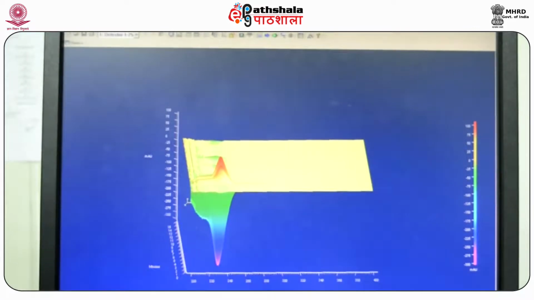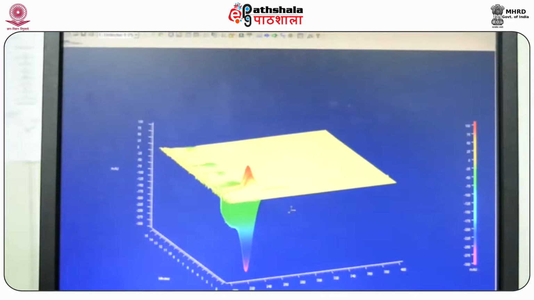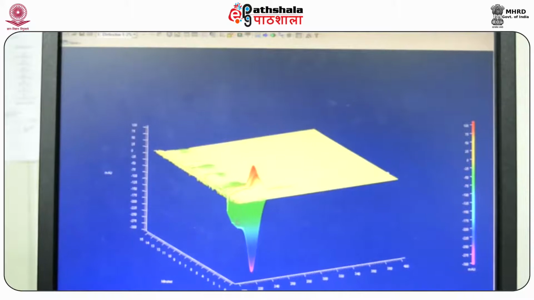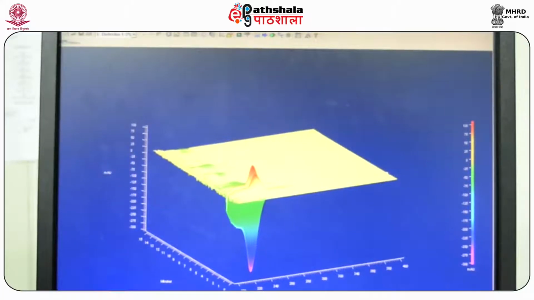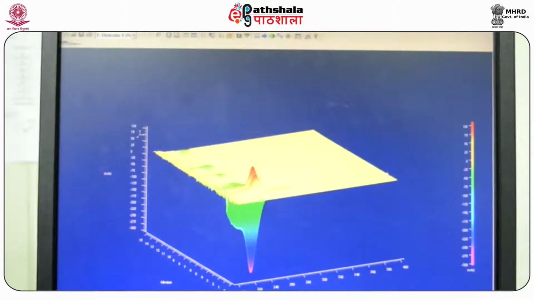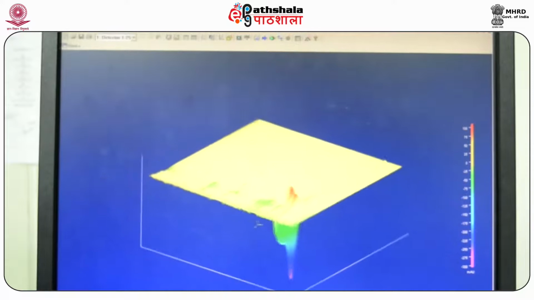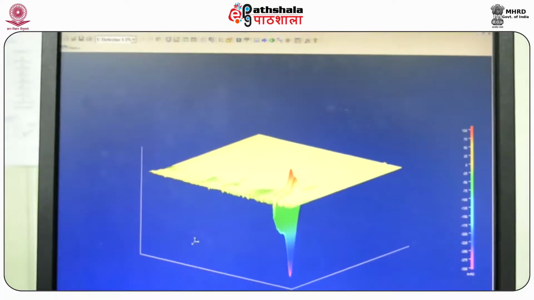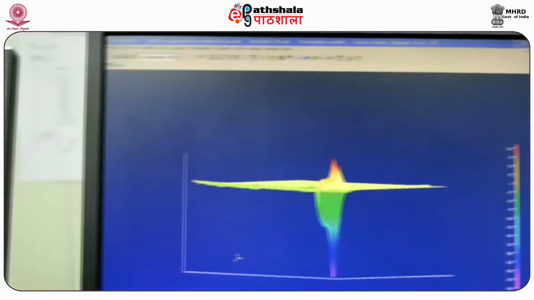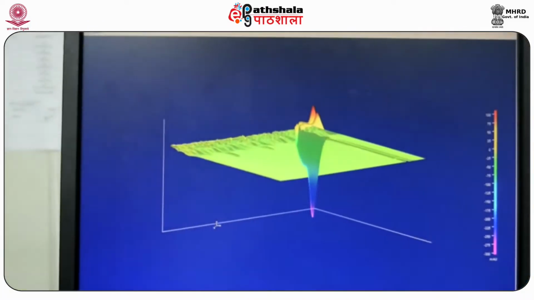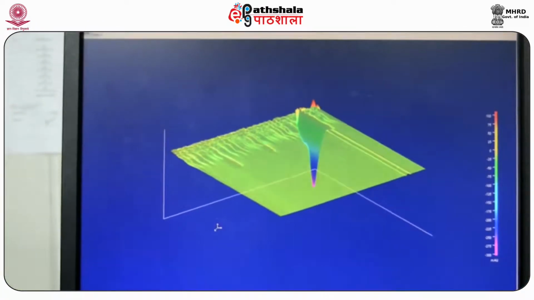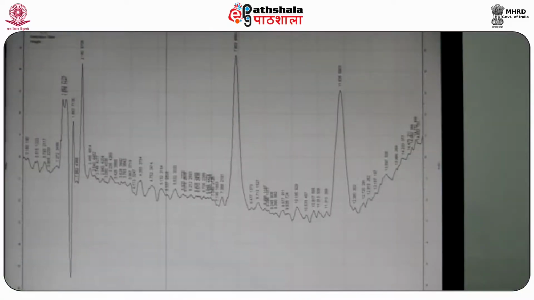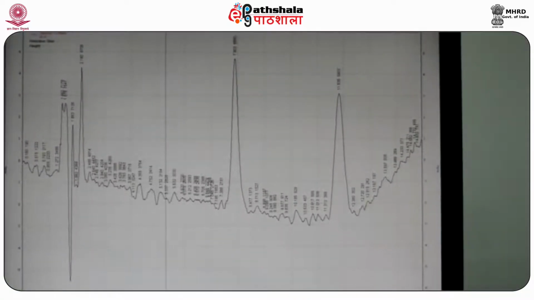On one axis you have time in minutes, on another you have UV nanometers from 200 to 400 nanometers, and on the y-axis you have absorbance in milli-absorbance units. Together, this gives a three-dimensional view of the peaks emerging. This chromatogram shows the separation in the UV in single channel.